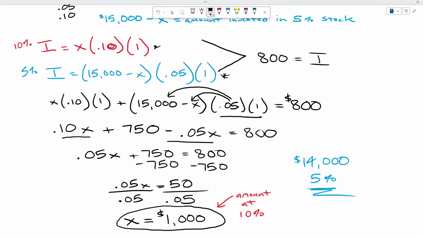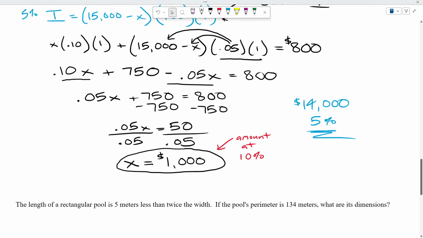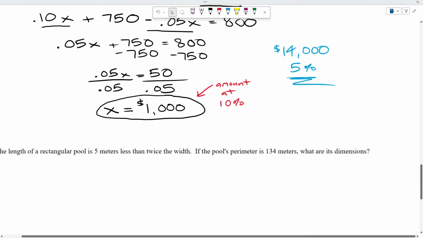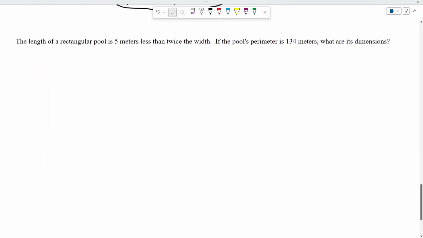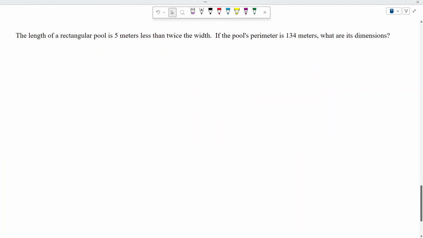So let's move on to something that is a little more straightforward. All right, so we have a rectangular pool in this case.